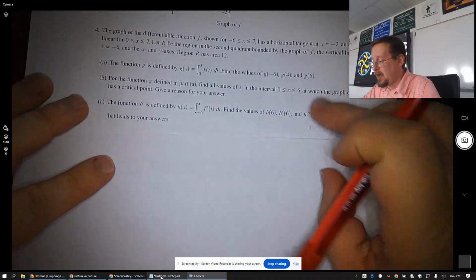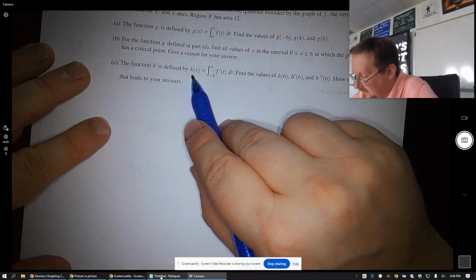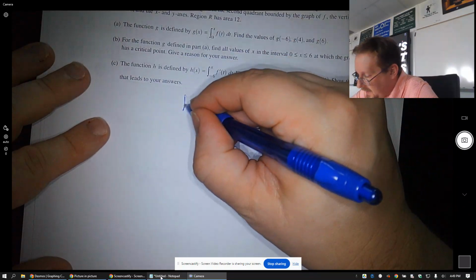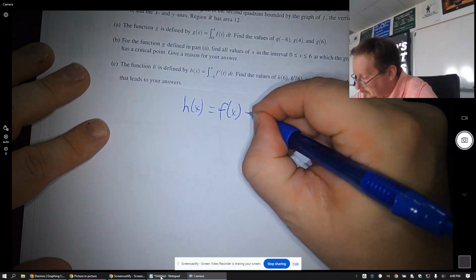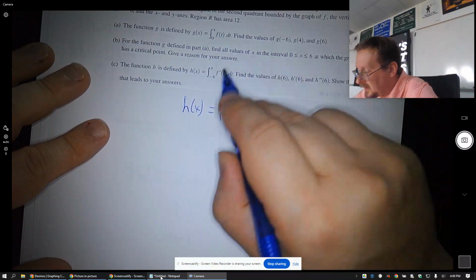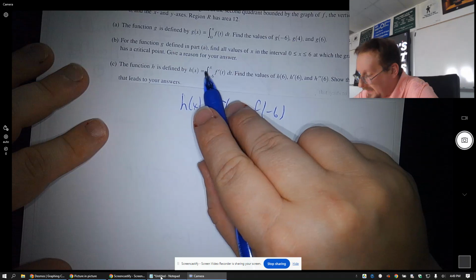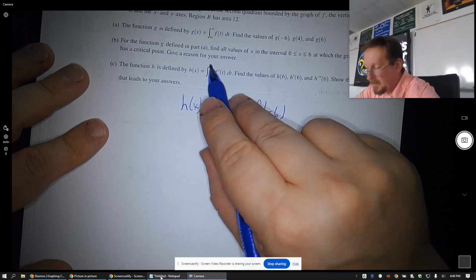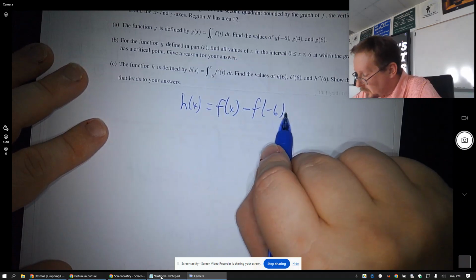I have to think about it every time. I'm going to say h of x is equal to f at x minus f at negative 6. I'm basically doing the derivative of the integral of the derivative is itself, but I have to use the other fundamental theorem of calculus where I plug in the upper bound minus the lower bound.